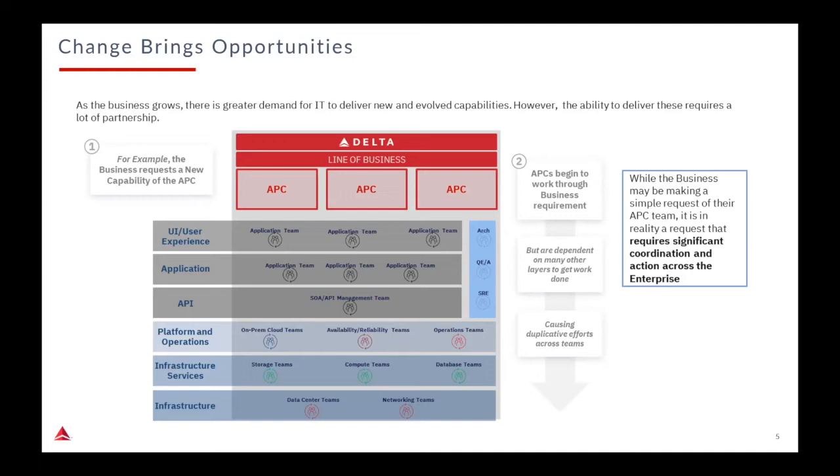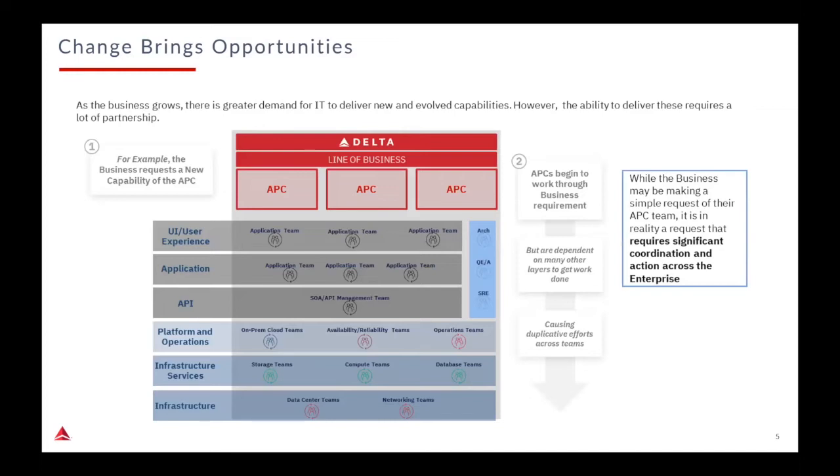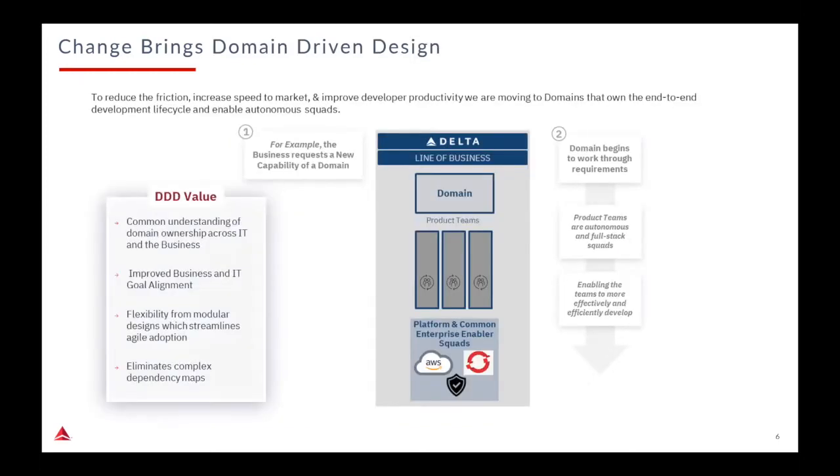So as we moved from this model, we started to move to this model where the domain in and of itself owns a set of product teams. I'm going to go back and forth here, so I hope you don't mind. As you see, the horizontal layers, the SOA, API, the platform, we want them folded up underneath the domain.